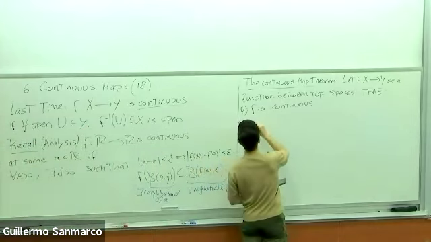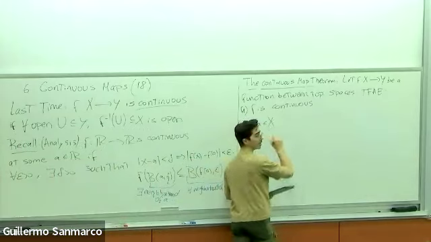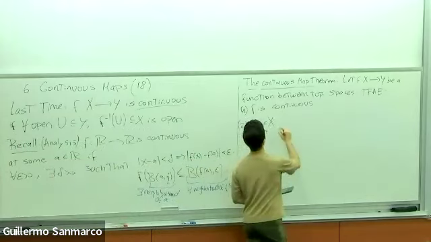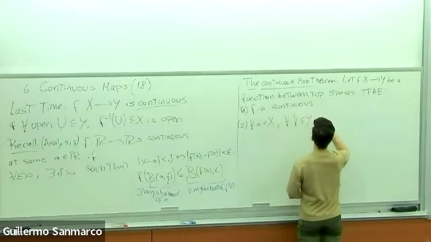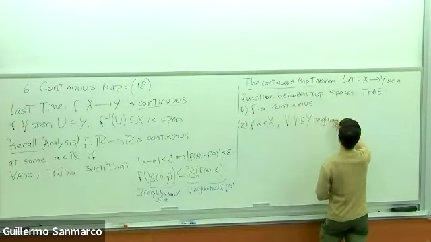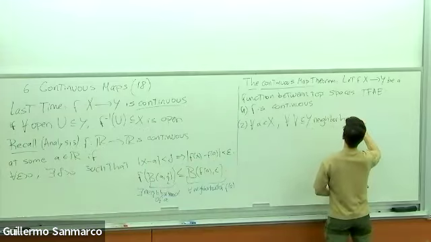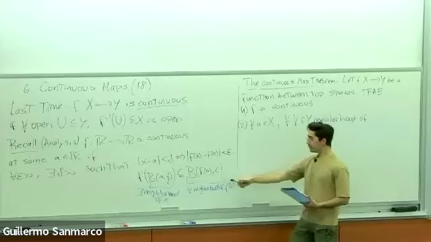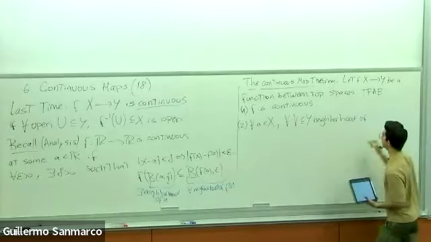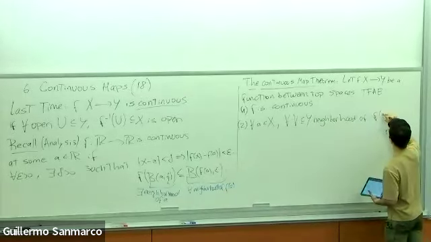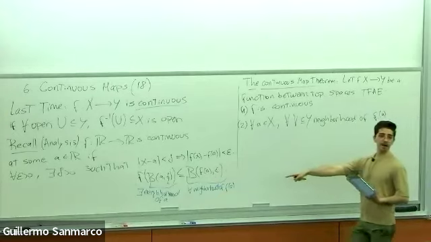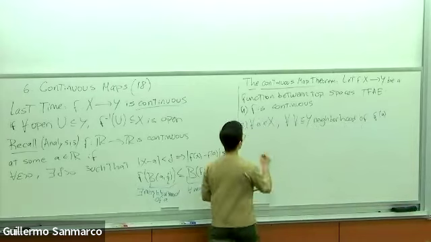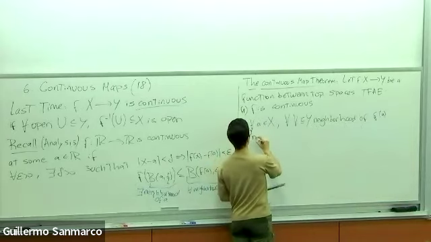For every a in X, the domain, for every V inside of Y, a neighborhood of f of a, that's my epsilon. So V here is exactly playing the role of any arbitrary epsilon. There exists some neighborhood.